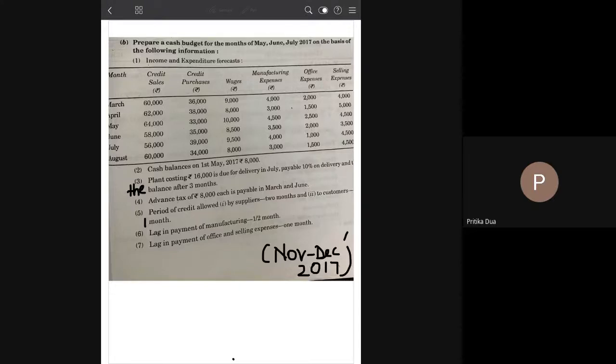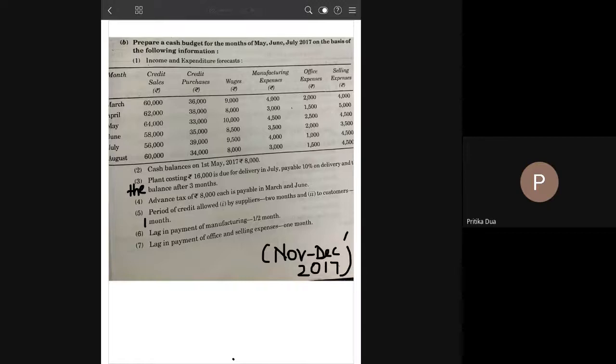Yes, class, 16,900 is the closing balance for the month of July. Very good. All of you can check your answers. If anyone has any doubt in any of the points, please let me know. I'll explain that point to you. But more or less, I think most of you who are solving have solved this correctly.